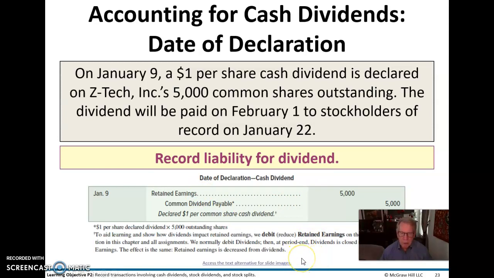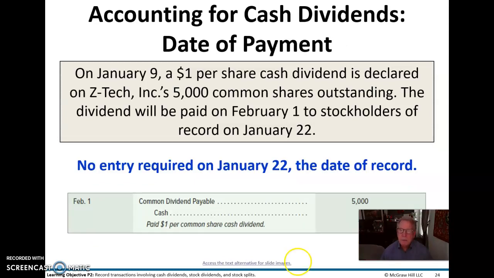And that's what we do. Okay, so now we've declared it and we've reflected those dividends in the retained earnings. Now, when we actually pay that, we're going to make that liability go away for $5,000 and credit cash to pay that dividend. Pretty straightforward.